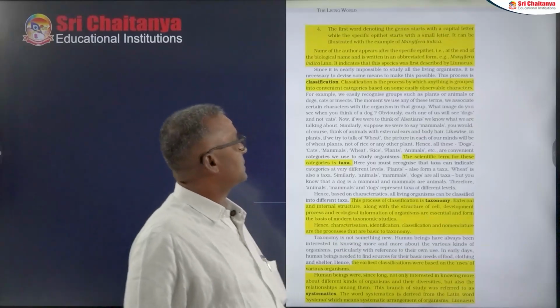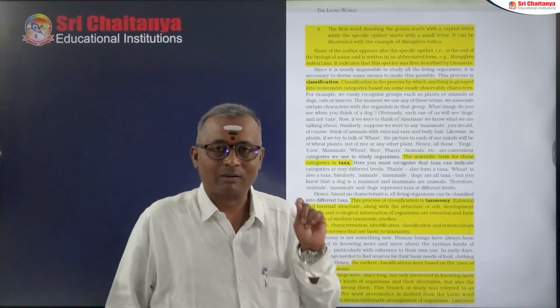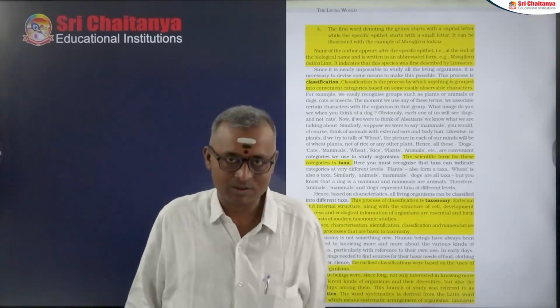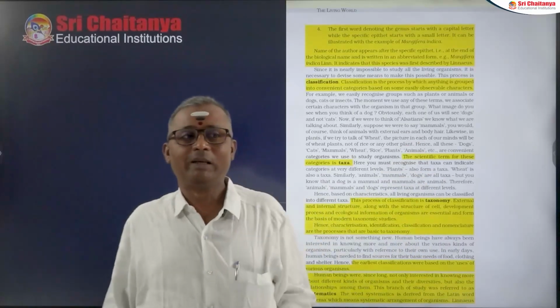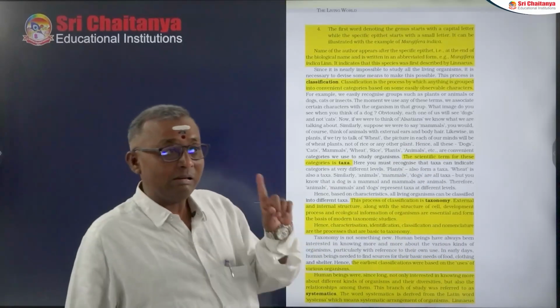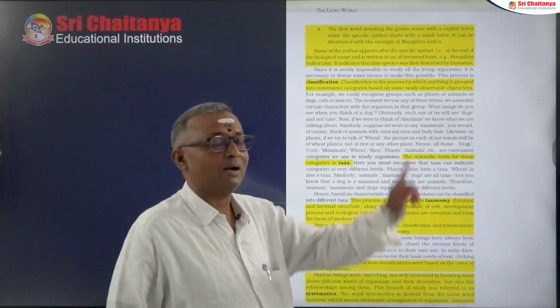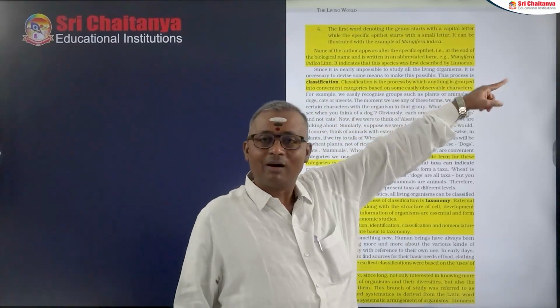And another most important fifth rule is that after writing the scientific name of a particular organism, the scientist who described that organism has to be given in abbreviated letters at the end. For example, let us take Mangifera indica again.